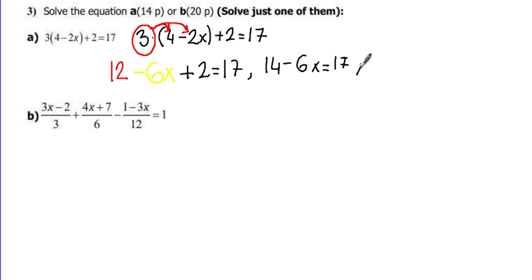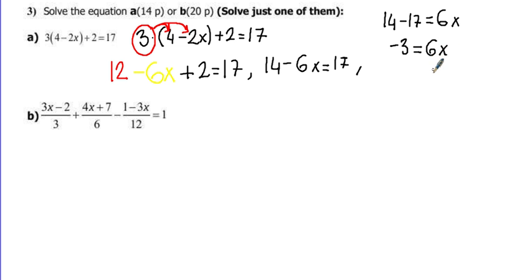I move 17 to the left hand side, so I will have 14 minus 17 is equal to 6x. Just to make the coefficient of x positive, I move minus 6x to the right hand side and 17 to the left hand side. And 14 minus 17 is negative 3.